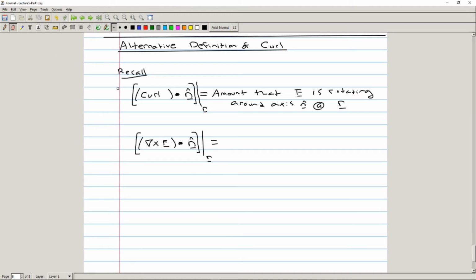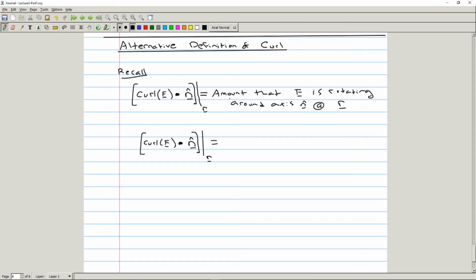It is in fact equal to the cross product of the del operator with the vector field, but I want to avoid the way that we defined it earlier. So we'll just use the word curl, which I think is a nicer way in general anyway of writing down the curl of the vector field.